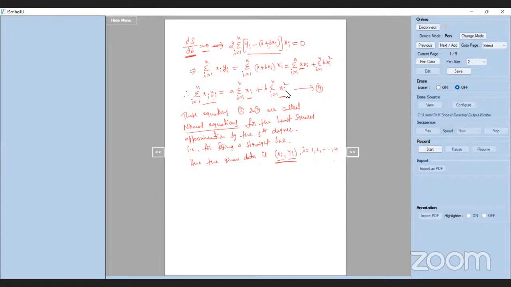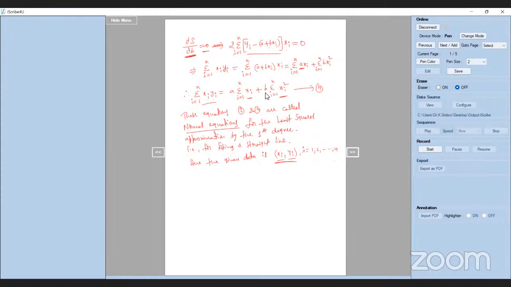After doing this, we will get some linear equations in parameters A and B. At that time, we have 2 linear equations in A and B. After that, we can get the values of A and B by solving those 2 linear equations.